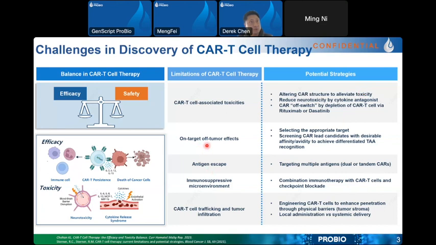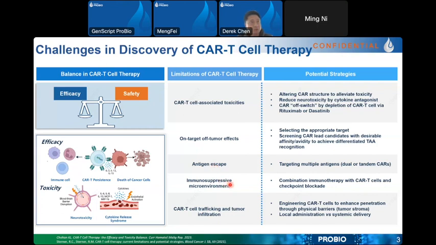For on-target off-tumor effect, it is crucial to select appropriate targets. Affinity and avidity modulations of the antibody can also contribute to the differentiated TAA recognitions. For antigen escape, it is a new trend to target multiple antigens, such as bispecific CARs.